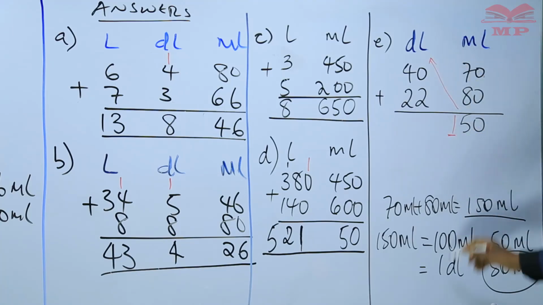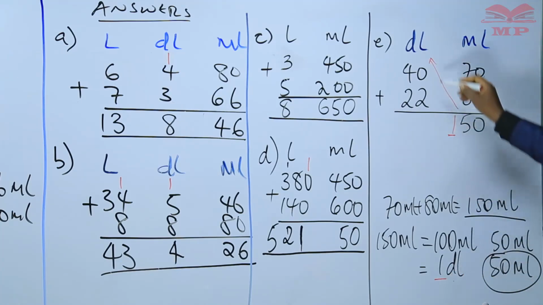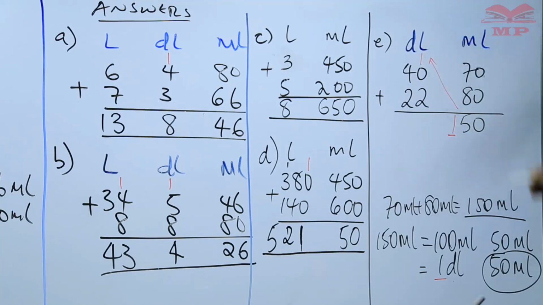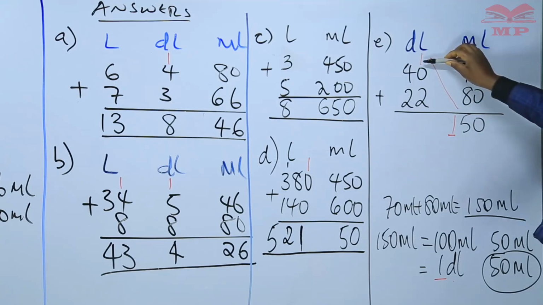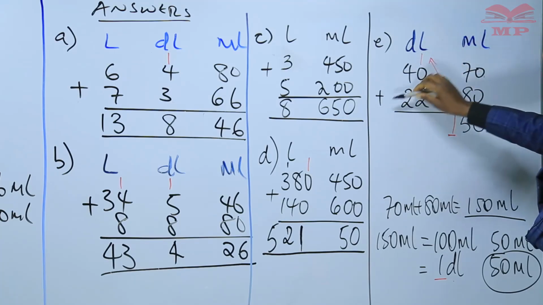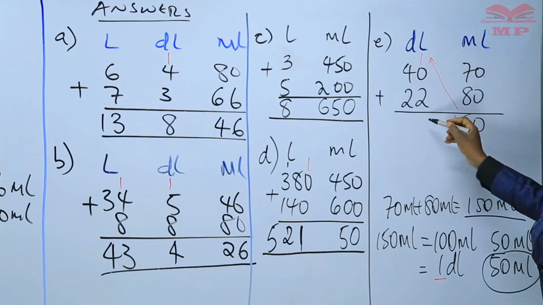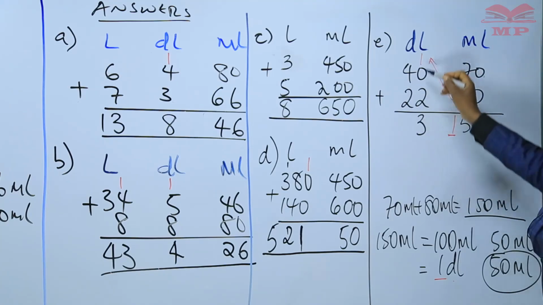This one is the 1 deciliter. So we carry it and write it under the column for the deciliters. So, learners, we will now add the deciliters. We have 1 deciliter, which you have carried from the milliliters. We have 1 deciliter plus 0 plus 2. That will give us 3 deciliters.